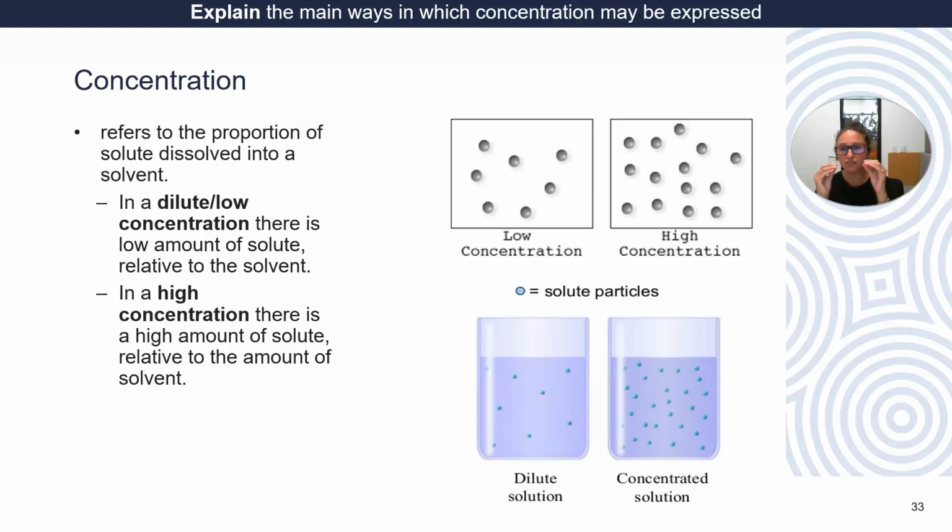The concentration is just the proportions of each. If you have low concentration, you don't have many solutes and you have high solvent. And if you have high concentration, you have more solute relative to solvent. So this is a diluted solution and this one is a concentrated solution.